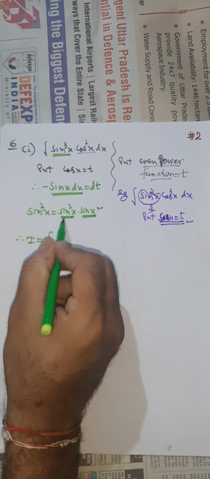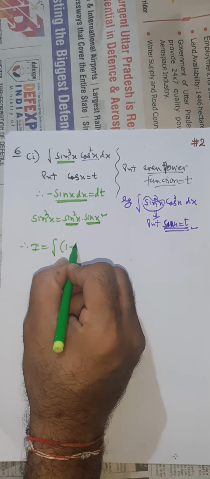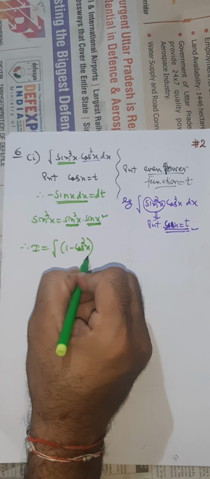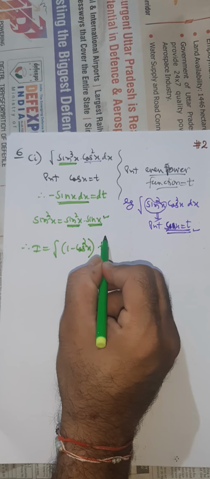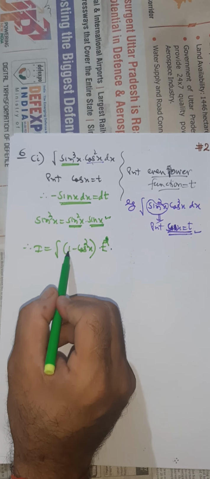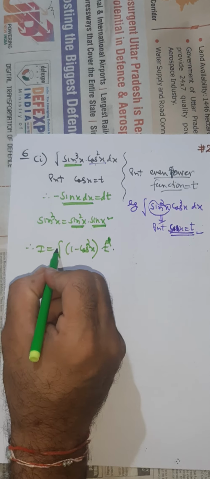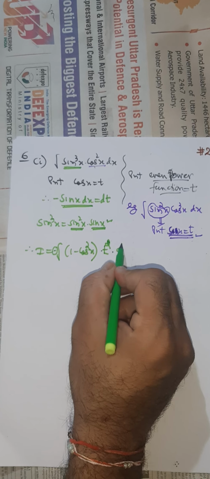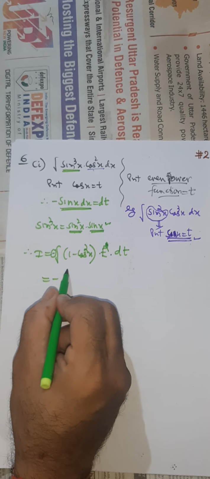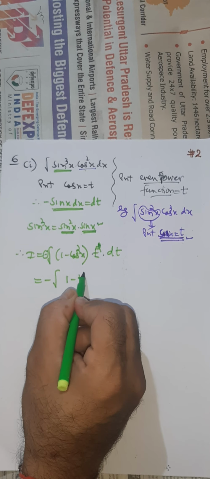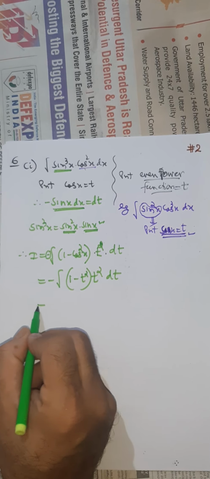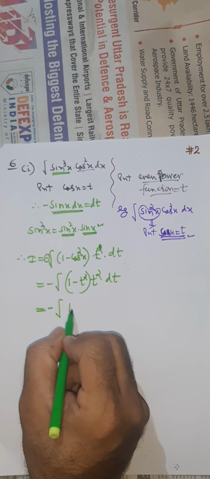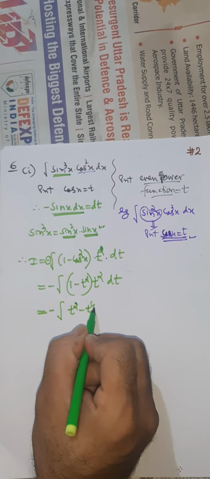And that sine square you can write as 1 minus cos square x. This is nothing but t square, and one sine you have used with dx, minus I'll keep outside, this is dt. So minus 1 minus t square into t square dt. So I'll keep minus outside, this is t square minus t raised to 4 dt.